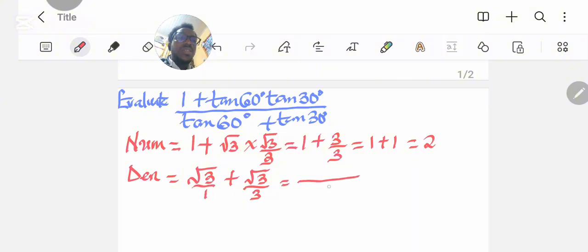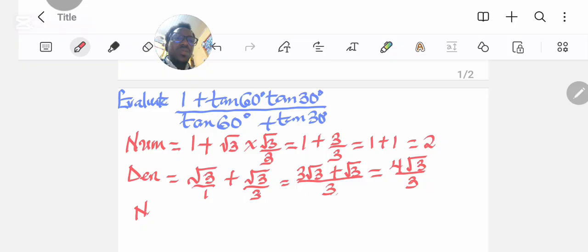If we find the LCM, which is 3, 1 in 3 is 3, 3 times this root 3 is 3 root 3, plus 3 in 3 is 1 times root 3 is root 3. So we can say 3 root 3 plus root 3. This is a singular root 3 plus root 3 in 3 places. So that's going to give us 4 root 3 all over 3.